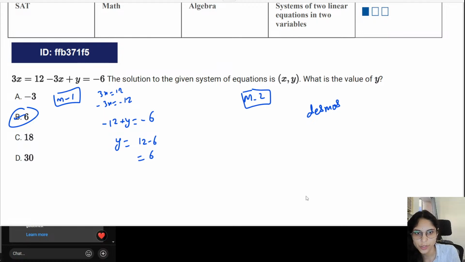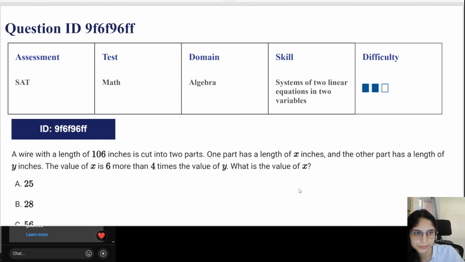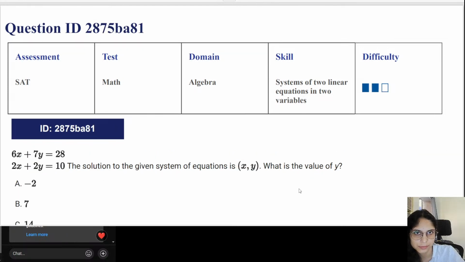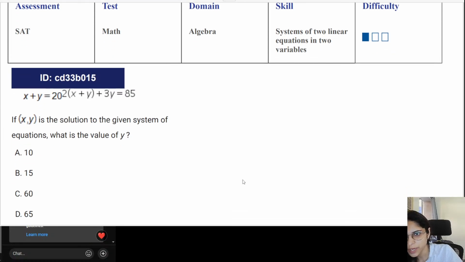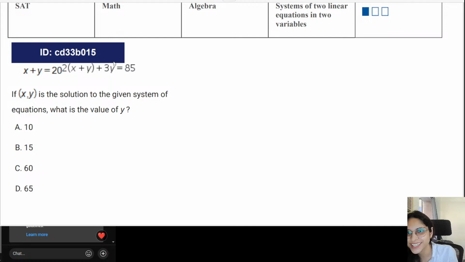Next is question number 44. Because we're just doing normal easy problems, not the word problems. So x plus y is 20. Okay, yeah, this looks weird. But the next one is 2 times x plus y plus 3y equals 85. You have to find the value of y.